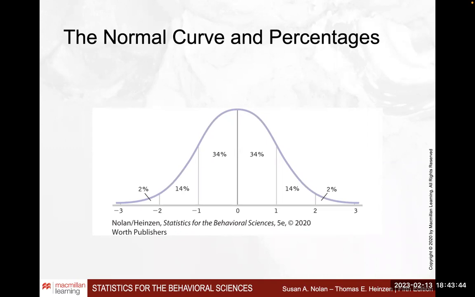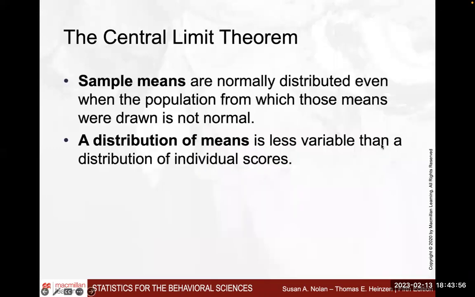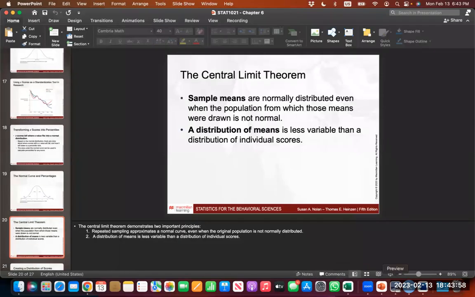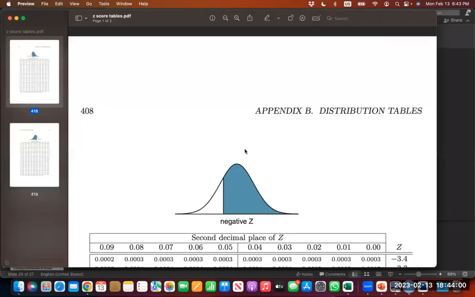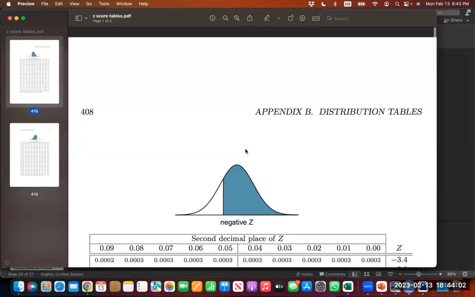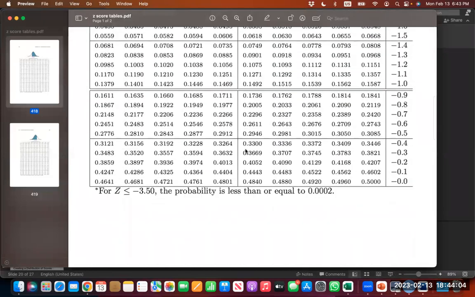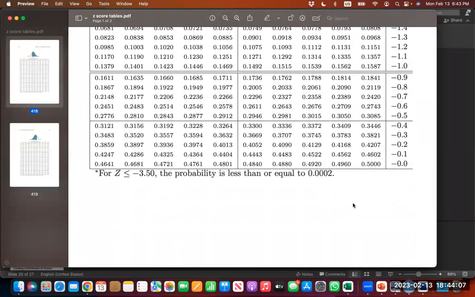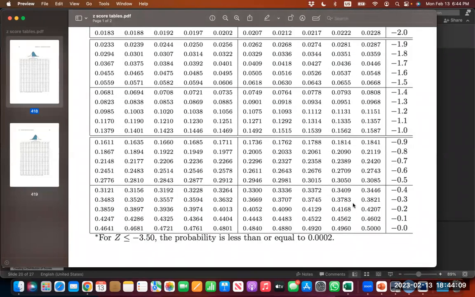This is really where this becomes very useful, because you can do it in Excel, where there are functions to quantify that, or you can easily look it up in the so-called distribution table.